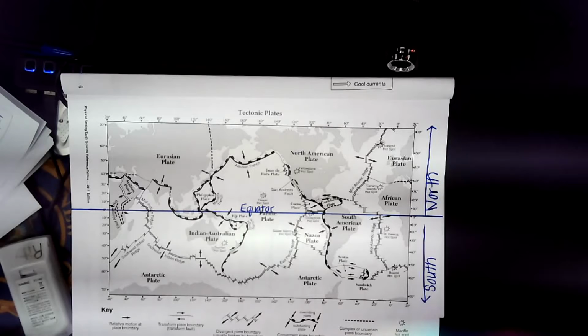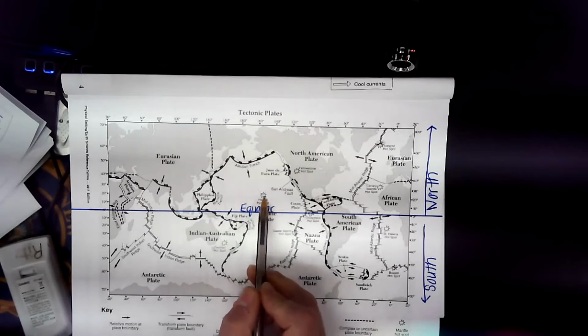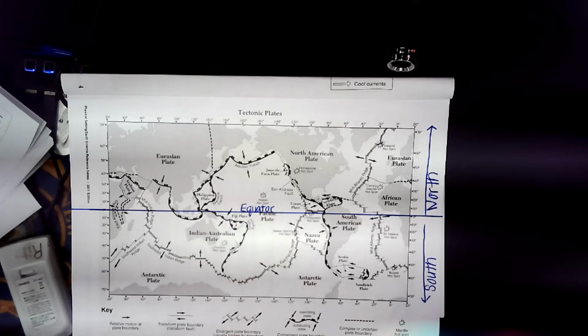How I'm going to have you find your degrees north or south, let's just find a place. Let's go ahead and do this Hawaiian hotspot right there. We're just going to do a random spot. To find the latitude, I know some of you have done this before, and for some of you this is easy peasy. Some of you think you remember, but I want to start from the basics.